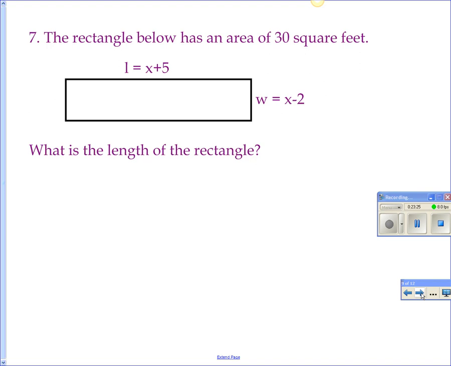The rectangle below has an area of 30 square feet. What is the length of the rectangle? Hallie, help me start it. Good. Why am I multiplying those? Because it says area. That's why I'm multiplying those. Jack, help me with the next step.